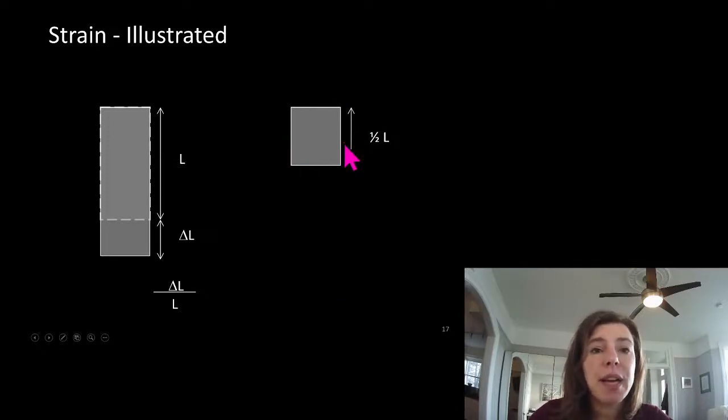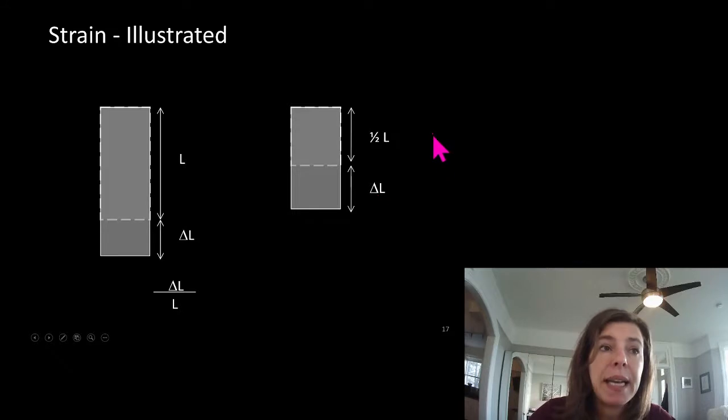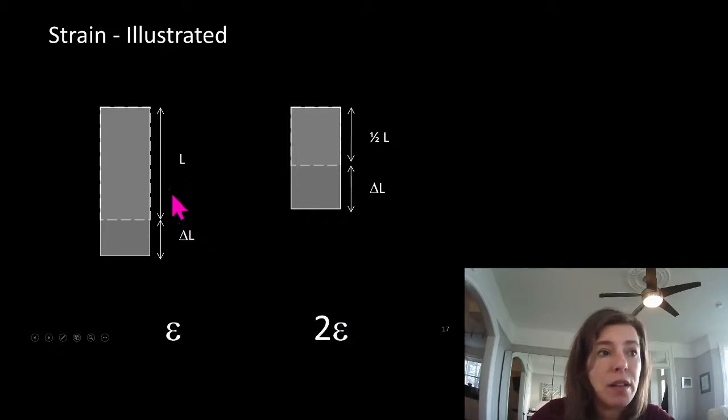If we have an object that is half the length, but it moves the same amount, so the delta L stays the same, do we think there is more or less strain? We had half the original length, but we have the same change in length. So delta L divided by half L, this is strain, and this experiences twice the strain.